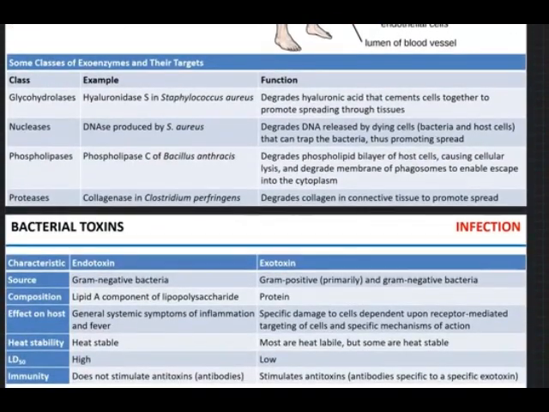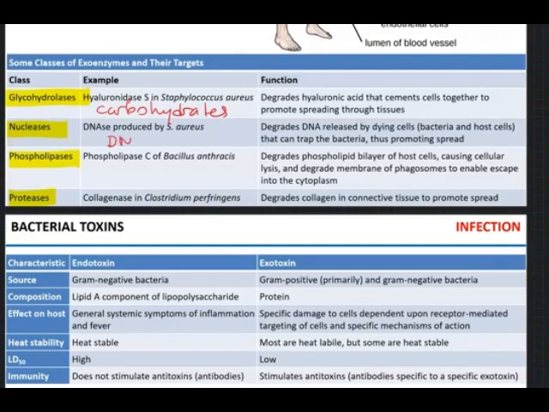So what do you need to know about exoenzymes? These 4 categories and what they do. So yeah, we're going to do exoenzymes in pause. So glycohydrolases break down carbohydrates.